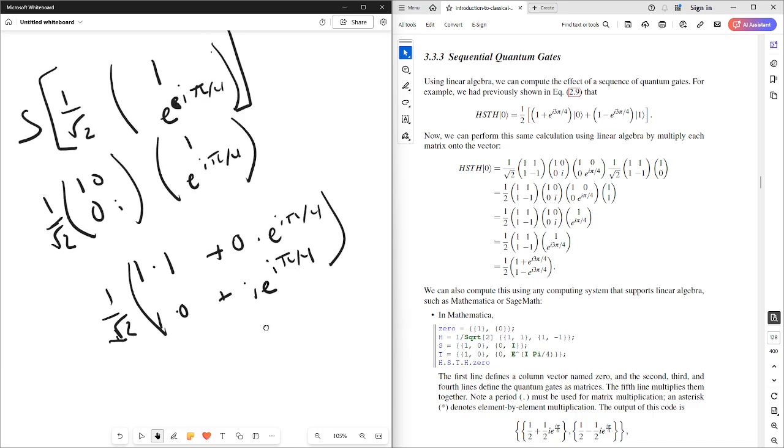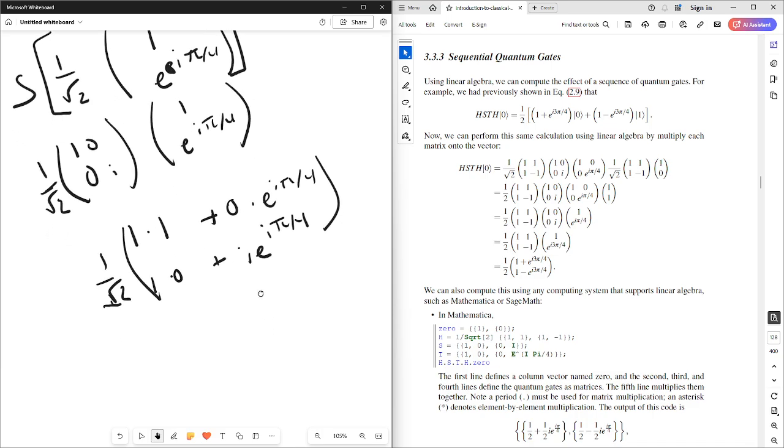It looks like in the next one they're going to move that into the term there. So we wind up with 1, e to the i 3 pi over 4, which I'm not certain how they got there.